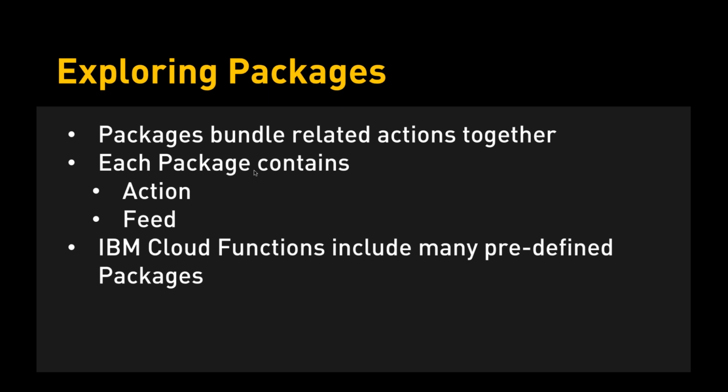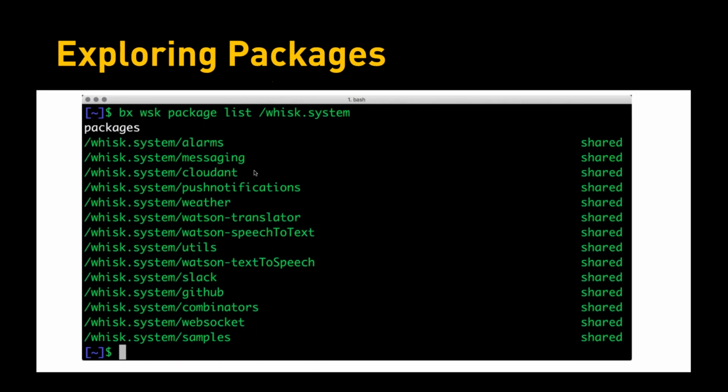IBM Cloud Functions include many predefined packages, right? So if you type this command, which is wsk package list followed by whisk.system, which is the namespace, you will see that there are multiple packages that are already available. The most interesting is Cloudant, which is a database, and this database is going to be associated with OpenWhisk.